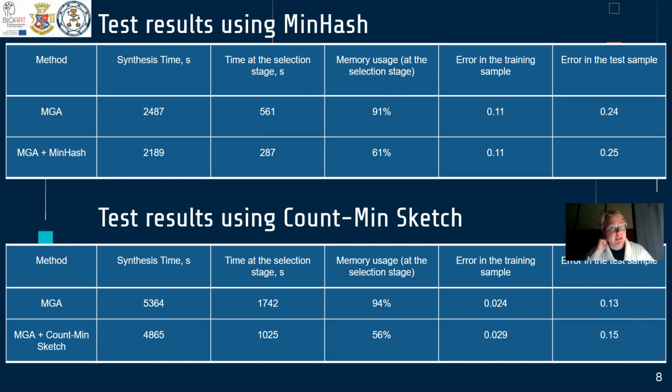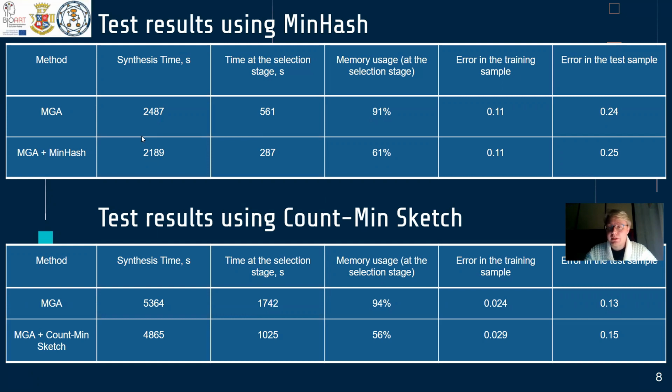Yes, it can be explained by the fact that we use only one epoch for the synthesis of the best solution. And what is more important, we have a not so good synthesis time. Yes, it became smaller, but not so good.